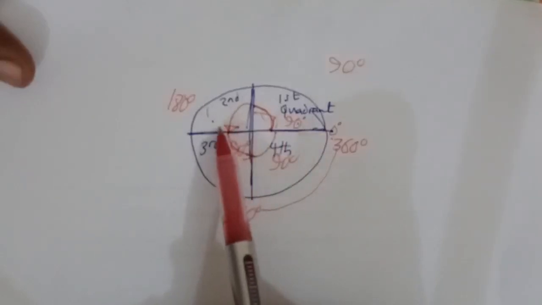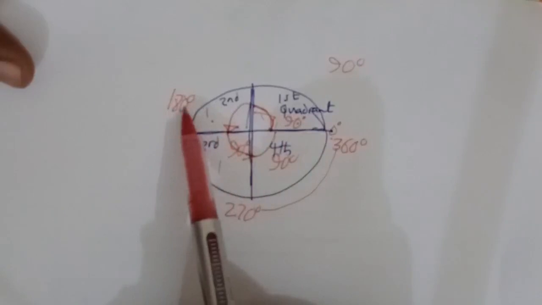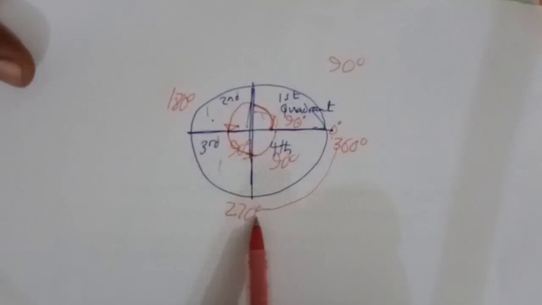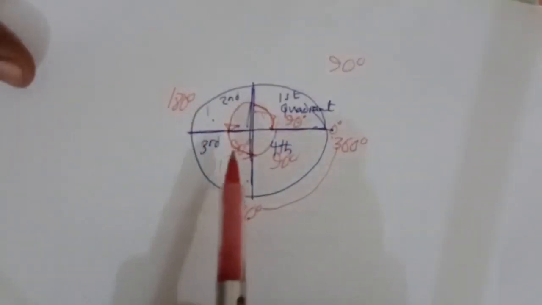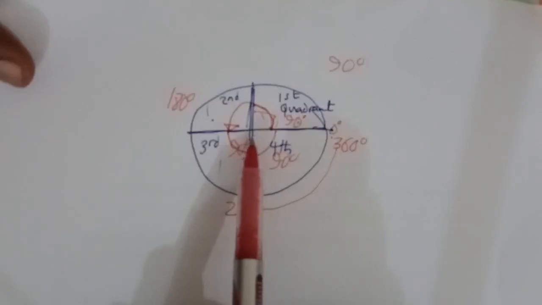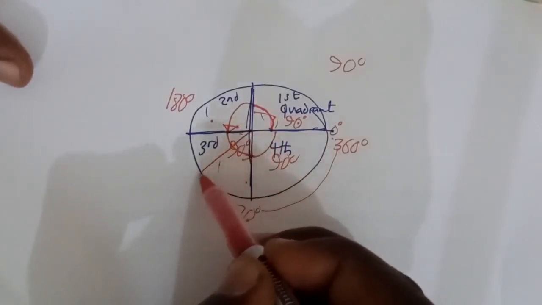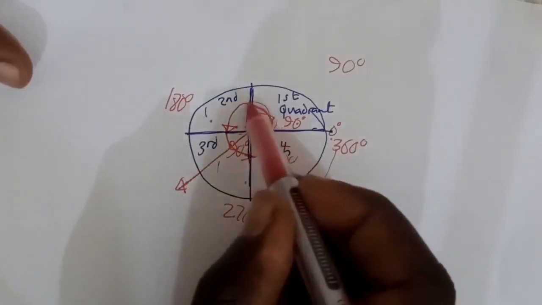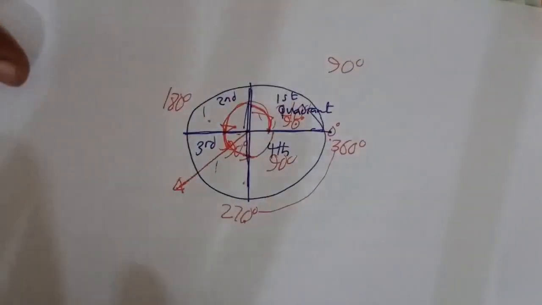If we go to the second quadrant, completely we have 180, so we cannot have it here. The third quadrant is 270, if we add 90, 90, 90, 270. And what we have is just 210. So this means our angle is somewhere here. We can draw the angle somewhere here. Can you see that? Okay, so let's say from here to here is 210 degrees.